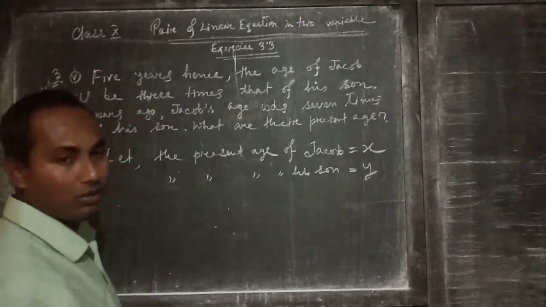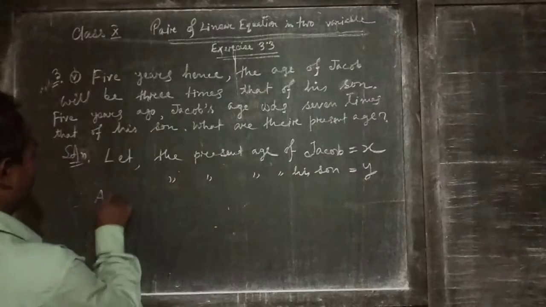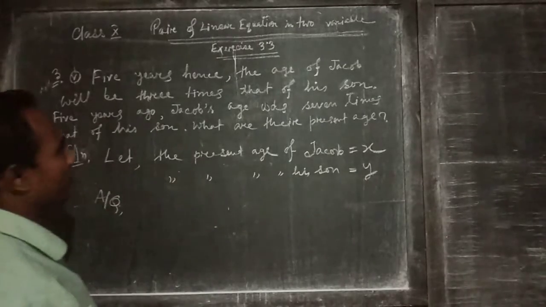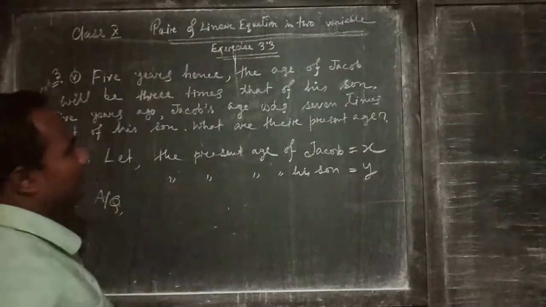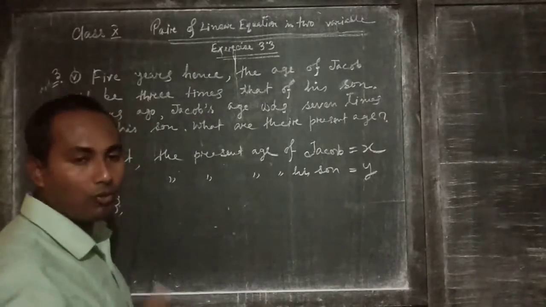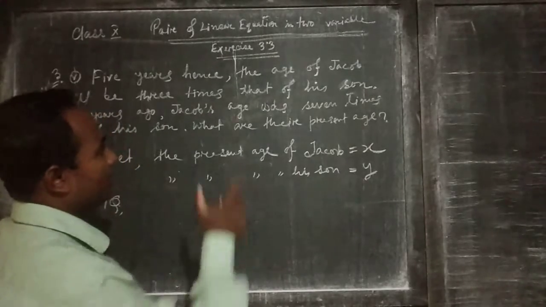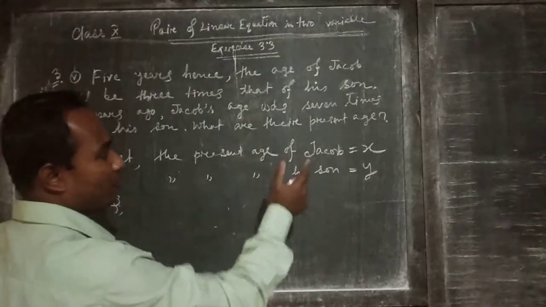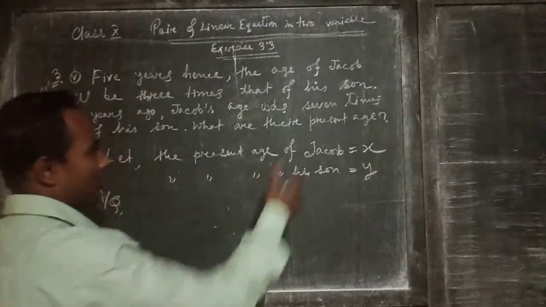What is the first condition? According to the question, the first condition says 5 years hence, that means after 5 years. Then we have to think about what the age will be after 5 years.